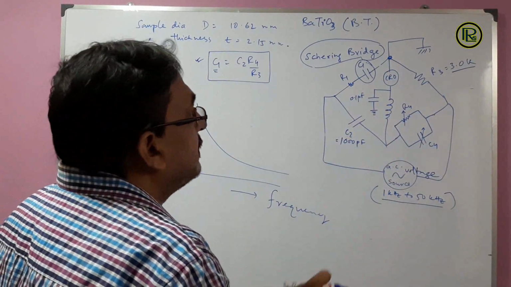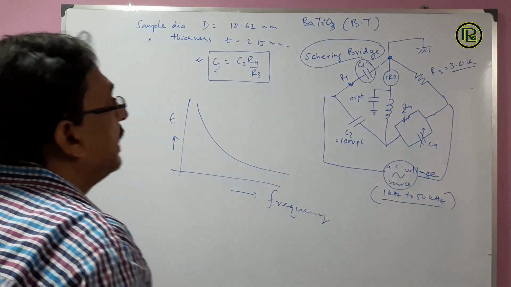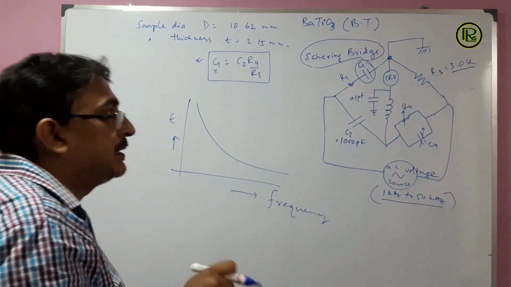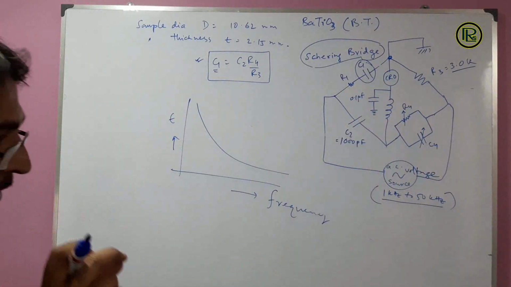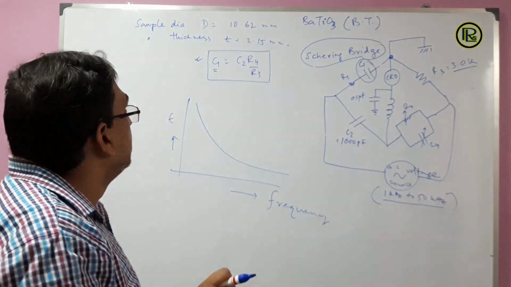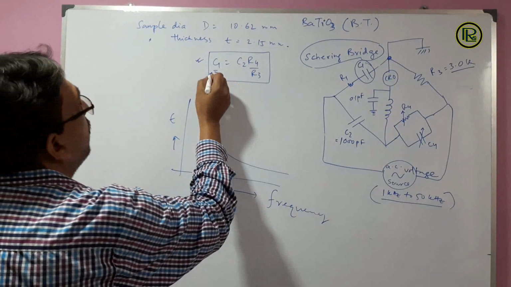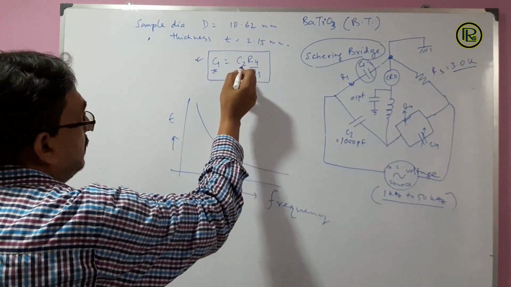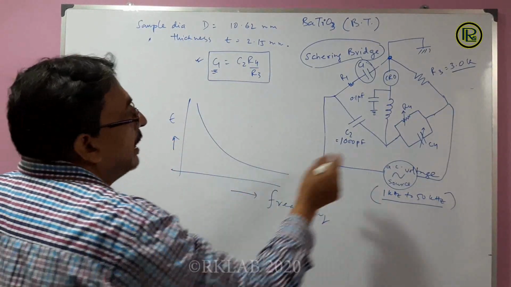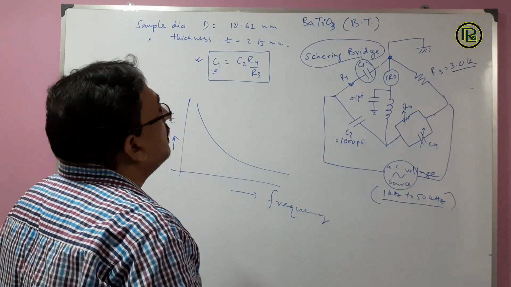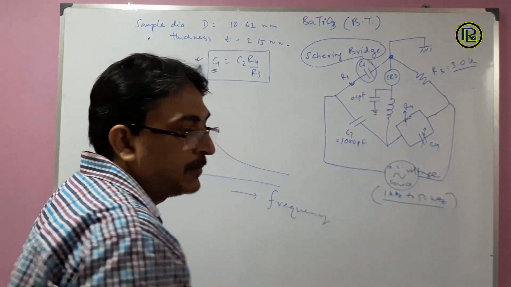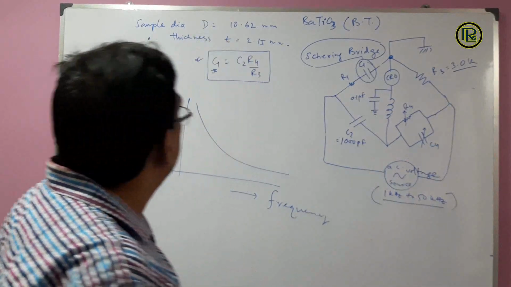That is, when C4 and R4 are adjusted such that the signal obtained in the CRO becomes minimum, the value of C1 is equal to C2 R4 by C3. C2 is equal to 1000 picofarad. R4 and the value of C4 we can get from our apparatus. We will come to that point.